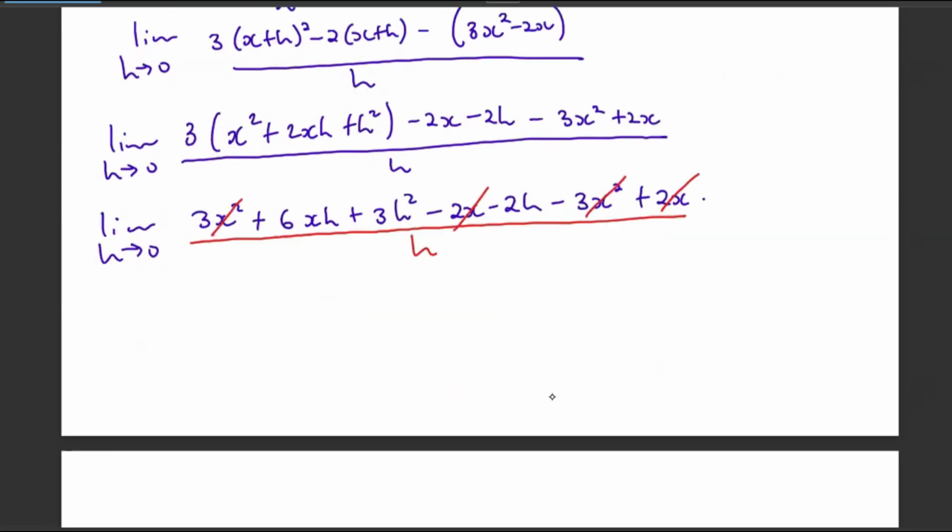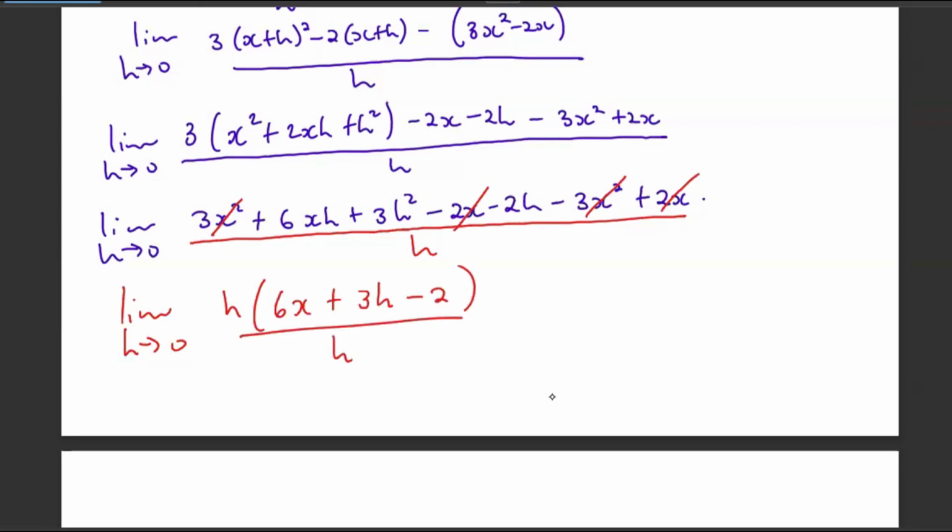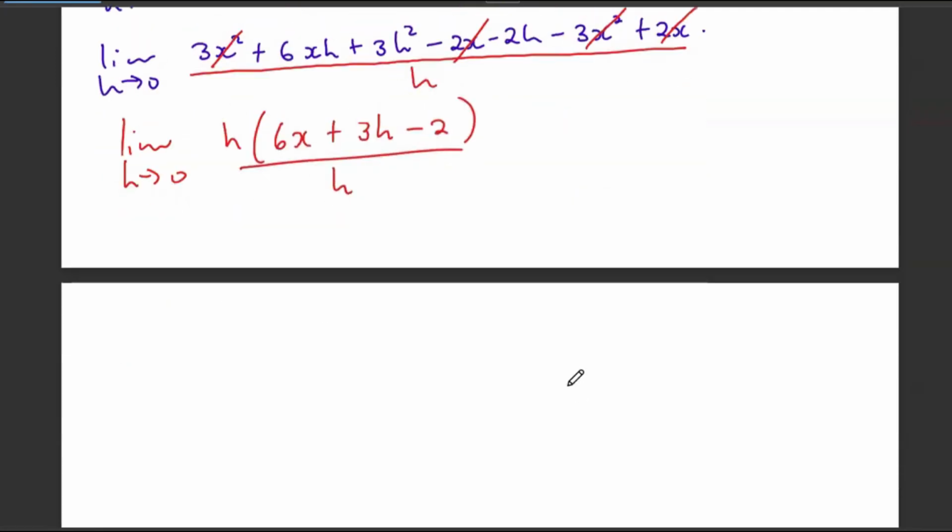And now our next step will be just to factorize out the h. If h comes out, we have a 6x there, we have a 3h, we have a minus 2 over h. So this h cancels that. Then the next step is to replace h with a 0, meaning that we have 6x plus 3 times 0 minus 2, meaning that our derivative is just 6x minus 2.